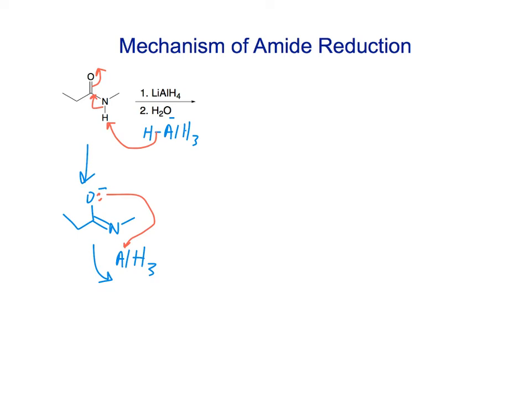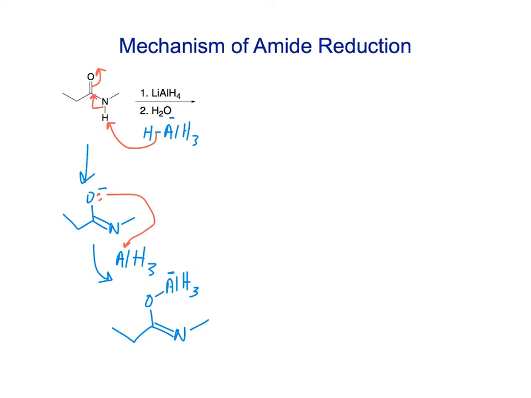The aluminum, right? It's the electron pair acceptor. We get to here. We have the double bond to the nitrogen.